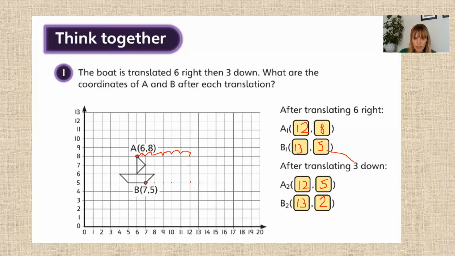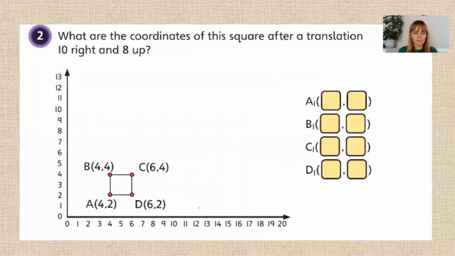It was at this one. So it went 1, 2, 3. Yes, look, so it ends up at 13, 2. So translating 6 right was like adding 6, and translating 3 down was like taking away 3 from each side of our coordinates. And that's a really good tip to remember.